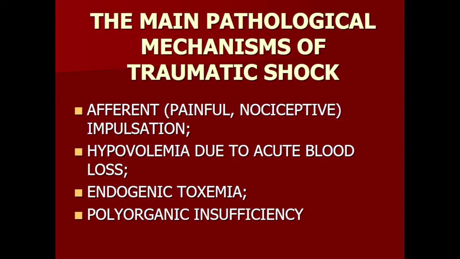Next key moment, it's hypovolemia due to acute blood loss. Why? If a patient has a closed trauma, the patient also has blood loss. For example, if a patient has a fracture of the thigh, the patient loses 1 liter of blood. If a patient has a fracture of the arm, blood loss is 500 milliliters. If a patient has fractured ribs, it's 20-40 milliliters blood loss, and others.